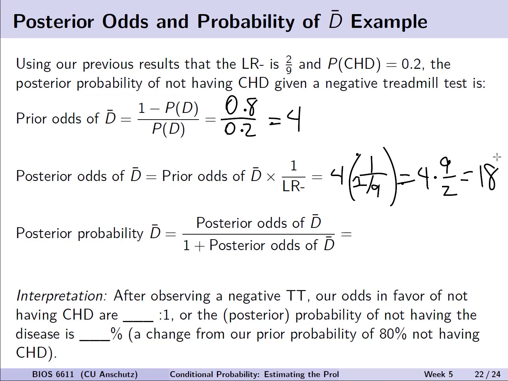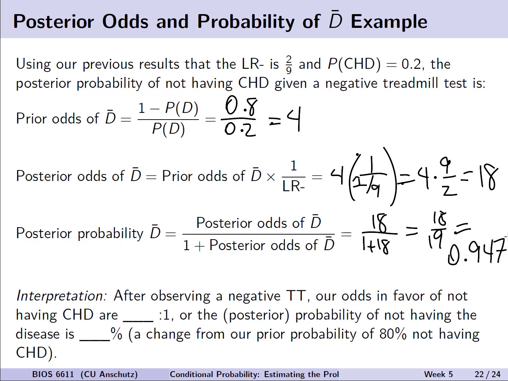With this value, the posterior odds of not having the disease, given someone had that negative treadmill test result, we can then plug that into our posterior probability, where we take 18 over 1 plus 18, or 18 divided by 19, which will be approximately equal to 0.947.